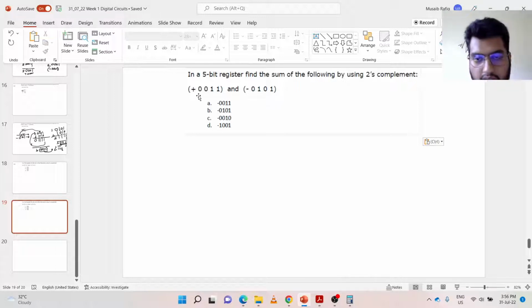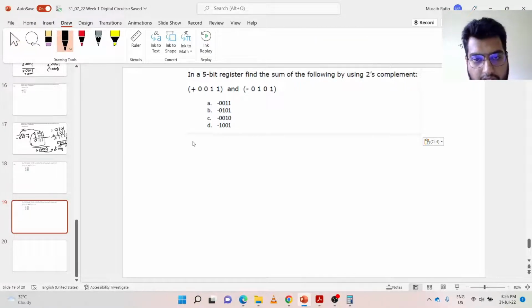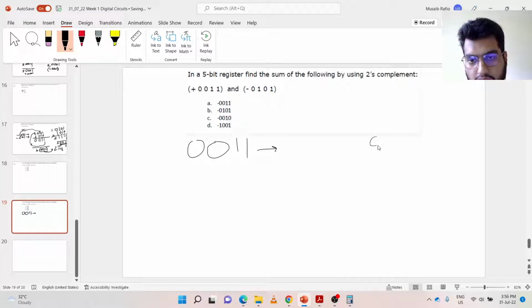So we take this positive number, 0, 0, 1, 1, and we'll keep it as it is, with the sign bit. Then we have this number minus 0, 1, 0, 1. It's 2's complement.